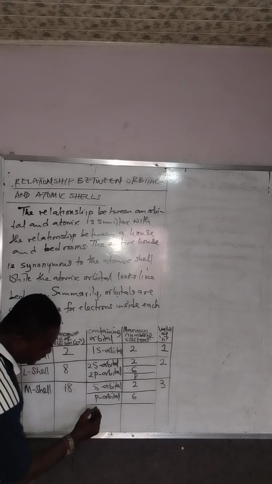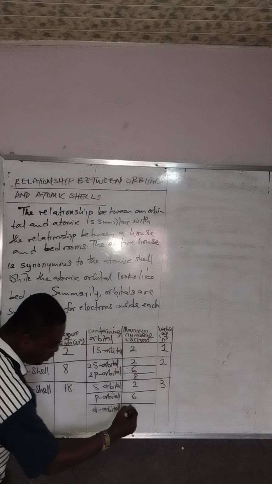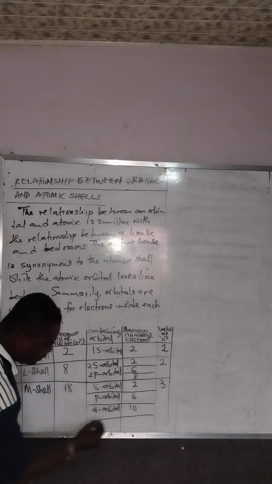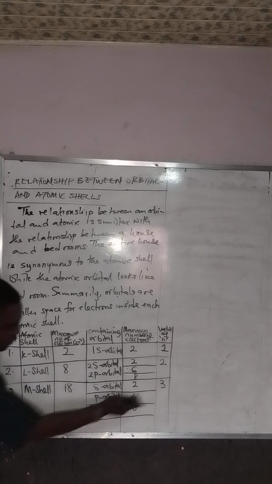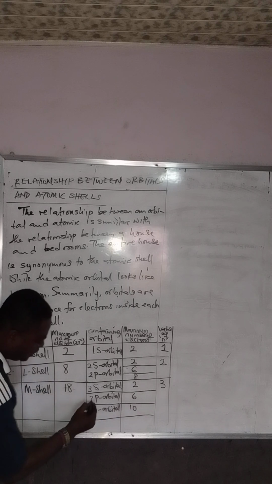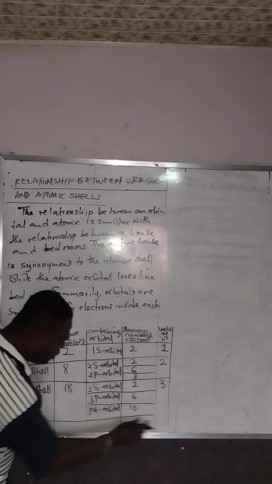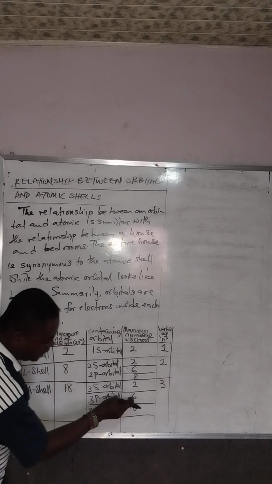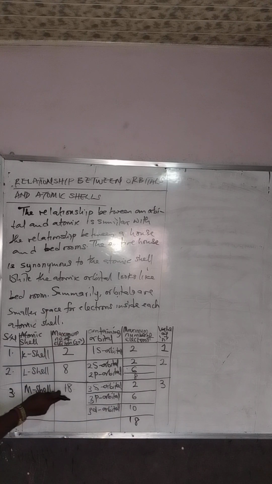It contains d orbital, which carries a maximum of 10 electrons. But take note, what is going to be the coefficient here? That's 3, 3s, 3p and 3d. So now add the whole thing together: 10 plus 6 plus 2, that's 18 maximum number of electrons.